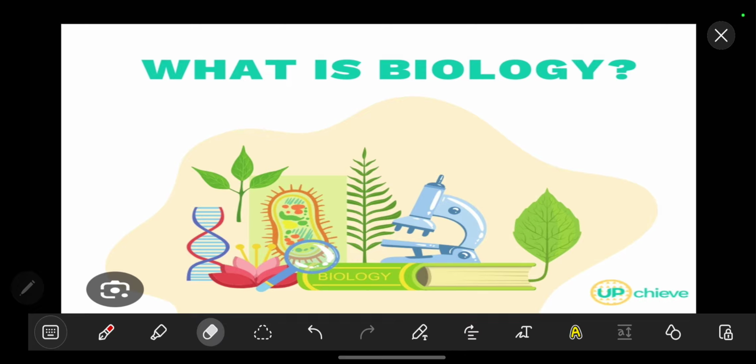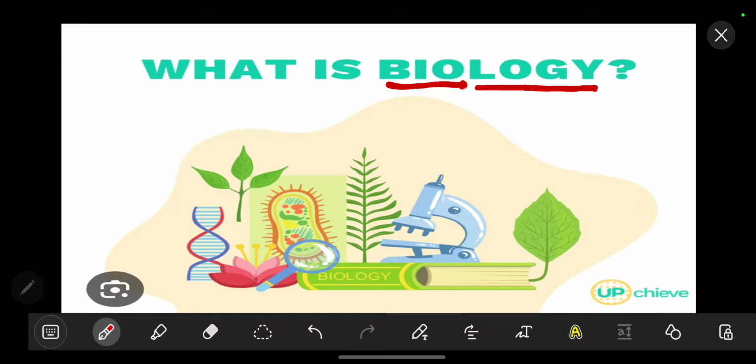So today we are looking at the introduction to biology, where we will cover the prokaryotes and the eukaryotes. When we look at biology, we need to define what it is about. The word bio means life, logy means study. So biology is defined as the study of life.